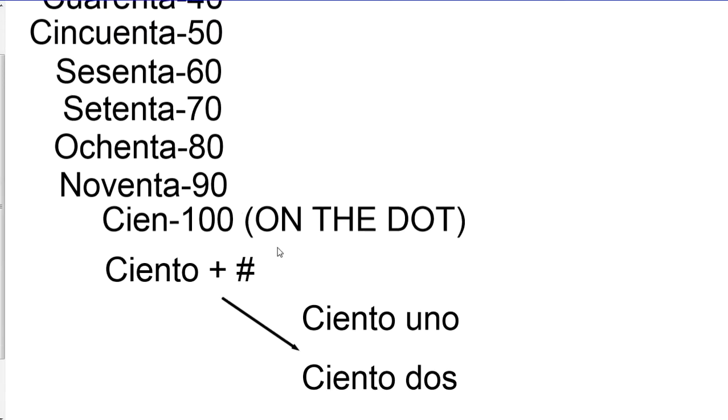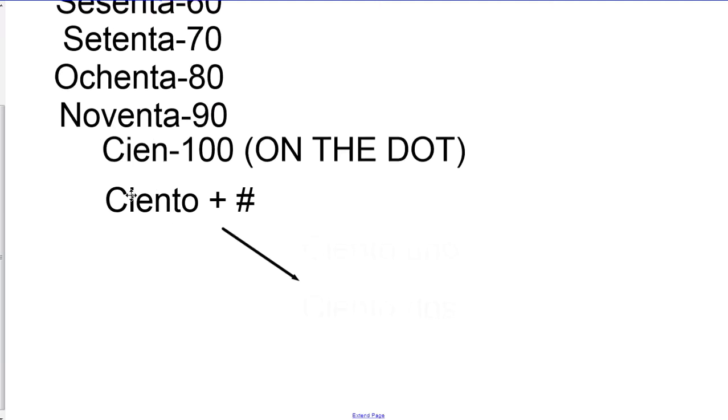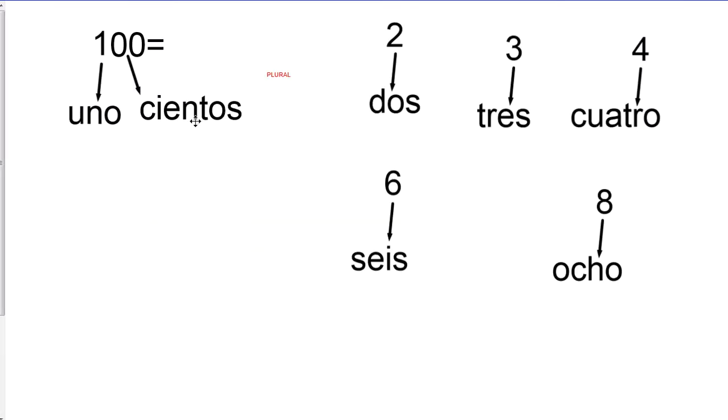So we should be able to get to the hundreds at this point. But let's get higher up. Right now, 100 would just be cien, right? We learned that on the slide, that 100 on the dot is cien. But when we have like 120 and maybe like 121, we're above it. So we're going to say ciento. Either way is fine.